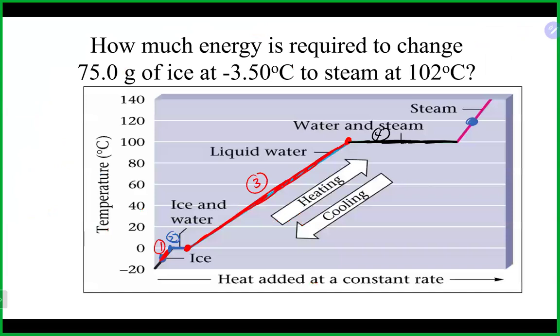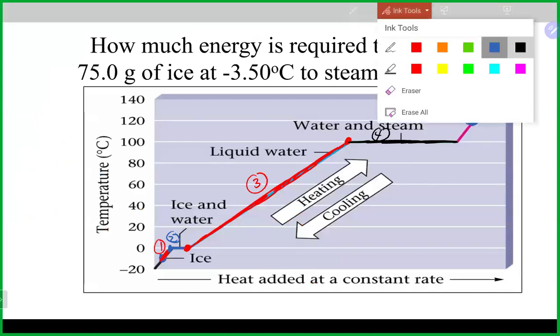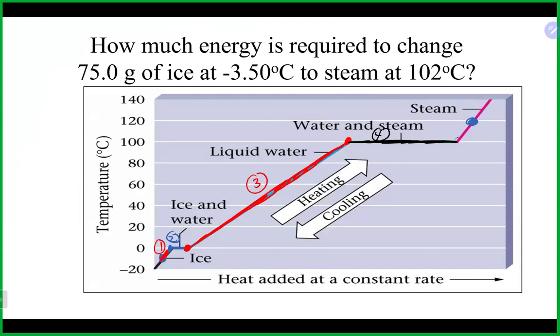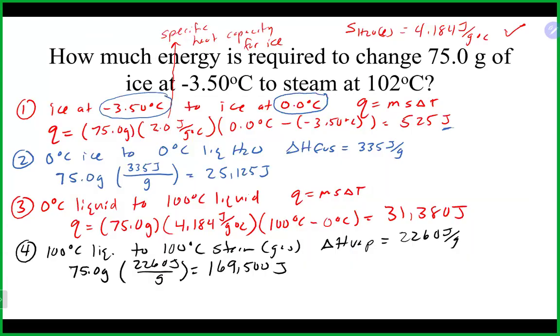The last step here is we are now sitting pretty much at 100 degrees steam. We want to end up at 102 degrees, and that would be our last step of the way. Here we're both in the same phase, but we're changing temperature, so we're back to our specific heat formula to do this. And maybe I'll do it right here, just try to squeeze it in there.